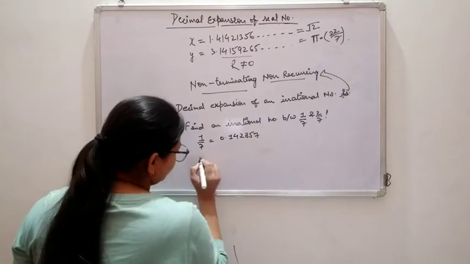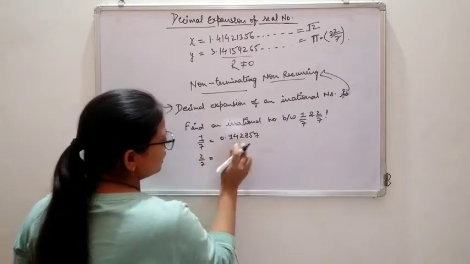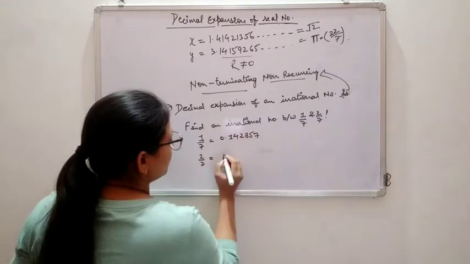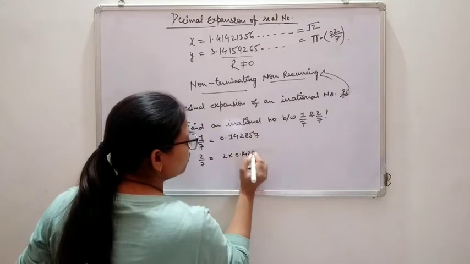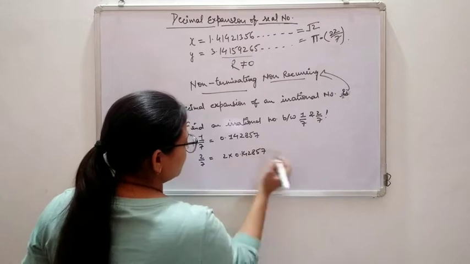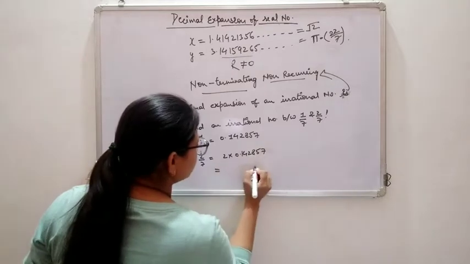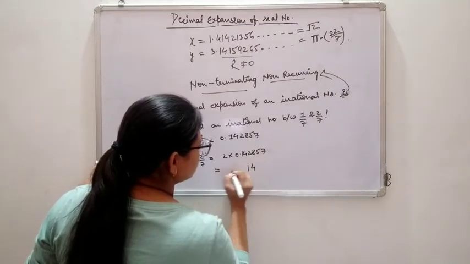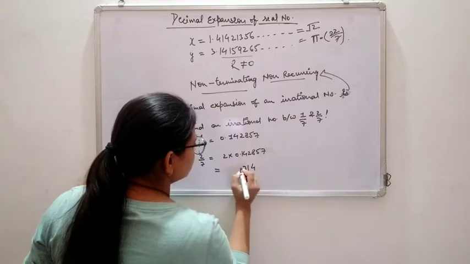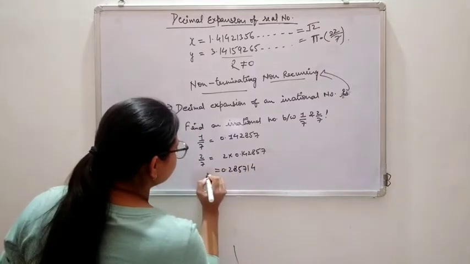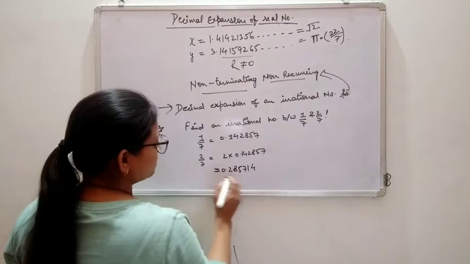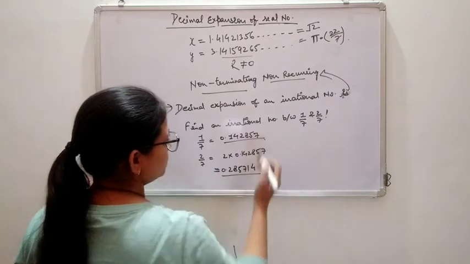And what will be the value of 2/7? Multiply this value by 2, clear? So multiply it by 2, 0.142857. What will it be like? Right? So this is the value of 2/7 and 1/7.